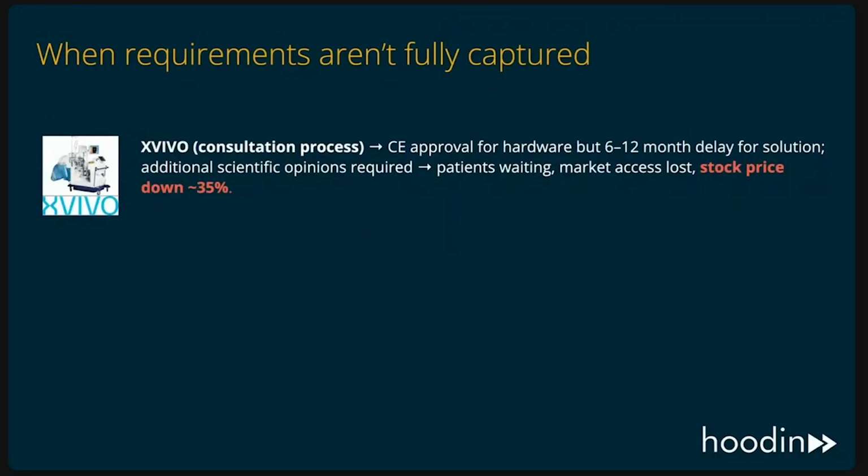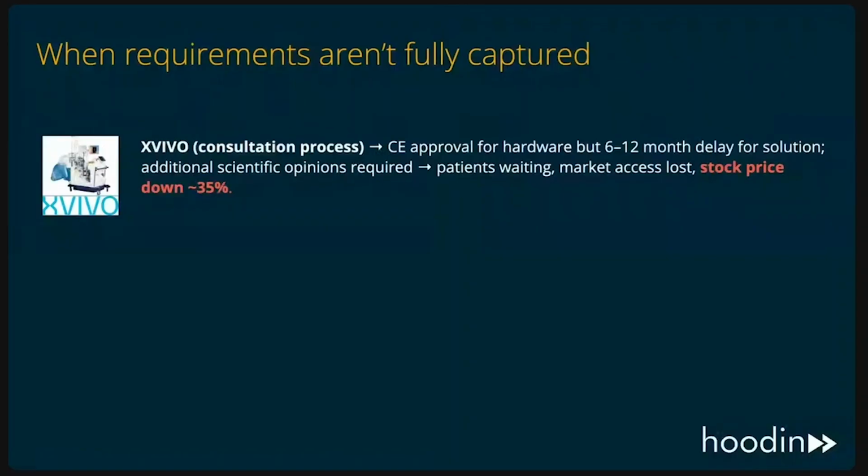This should have been recognized if they knew exactly what was on their applicable list in detail, what they needed to do in order to submit the proper submission for CE approval.